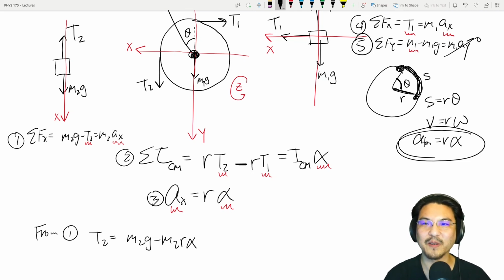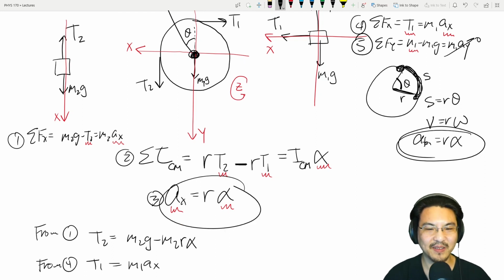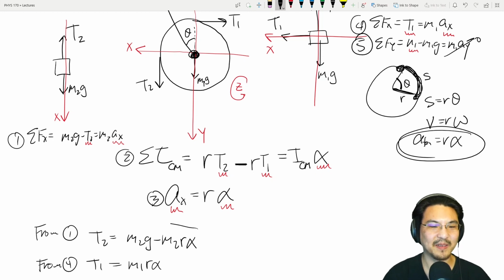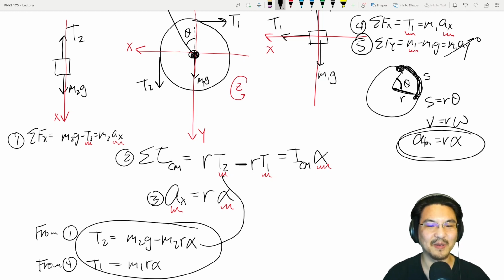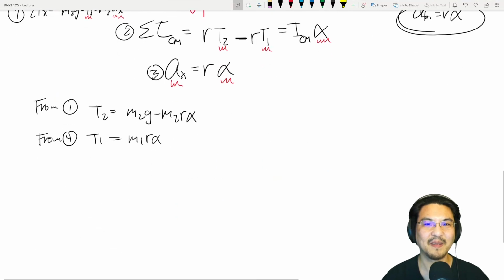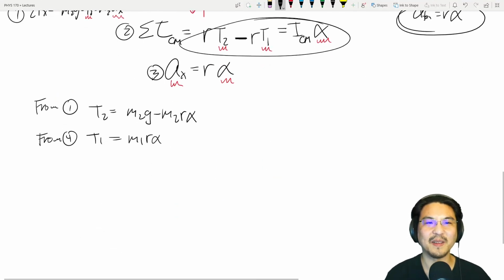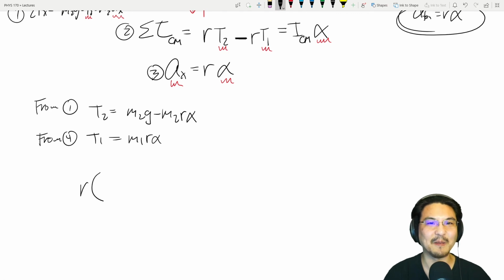Okay, and then look over here from equation 4. T1 equals m1 ax, and ax over here is r alpha. Now I can take these and substitute them here and here. Okay, so let me do that. I could probably clean this up a little bit, right? R times T2 minus T1.